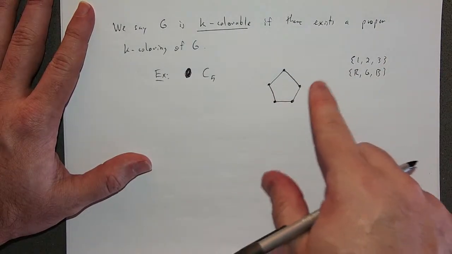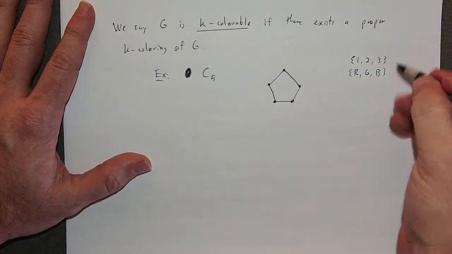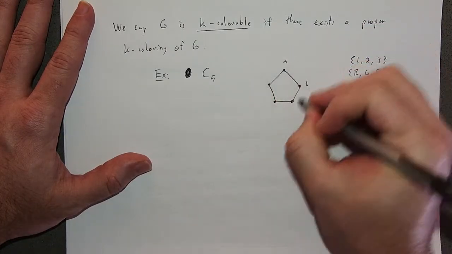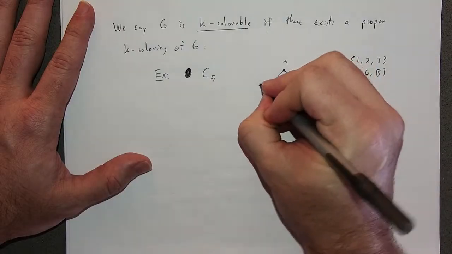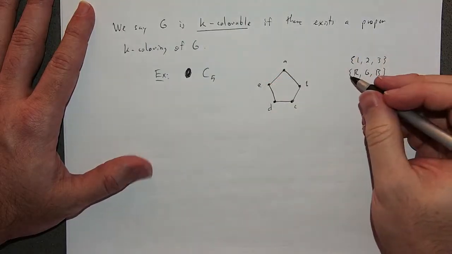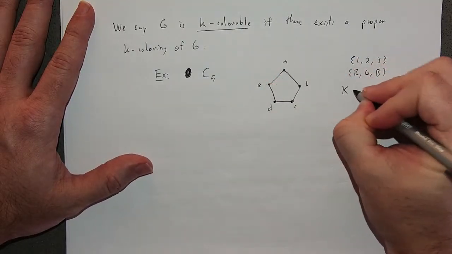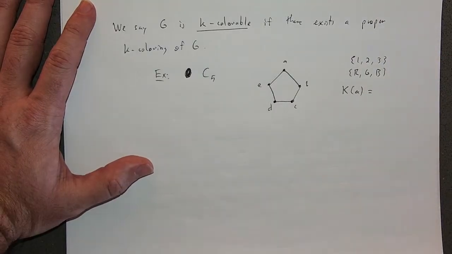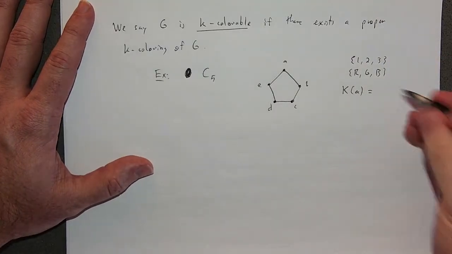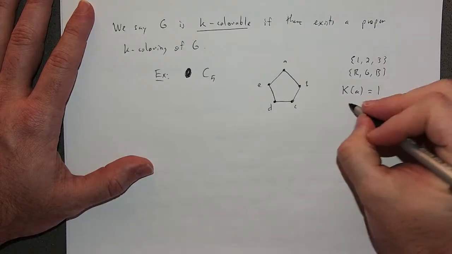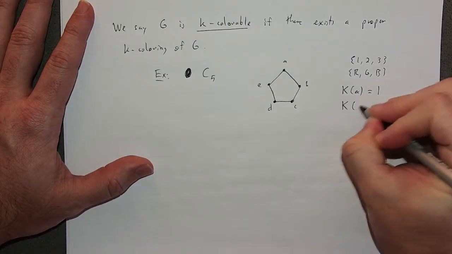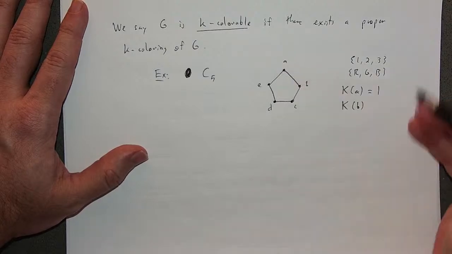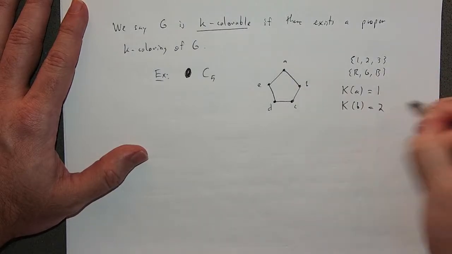let's see here. Let's label them like this, going clockwise. So I could say let K of A be the color, say 1. Let K of B, I don't want it to be 1 because it's adjacent to A, so that's 2.